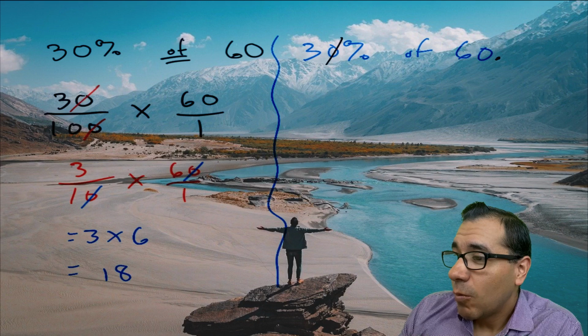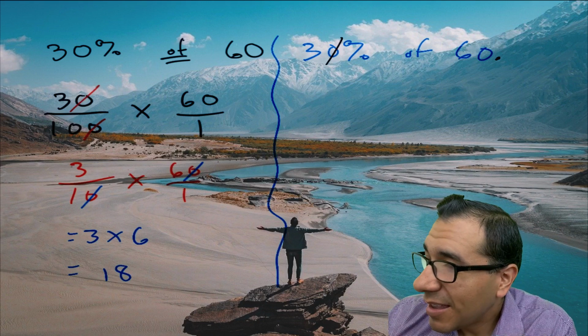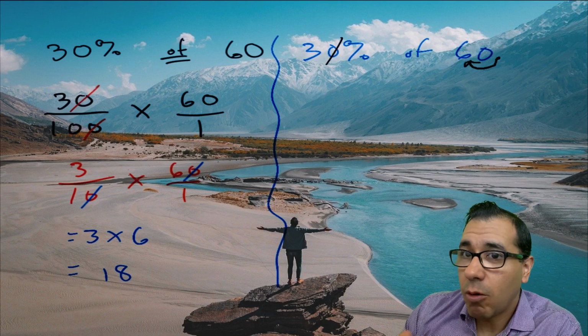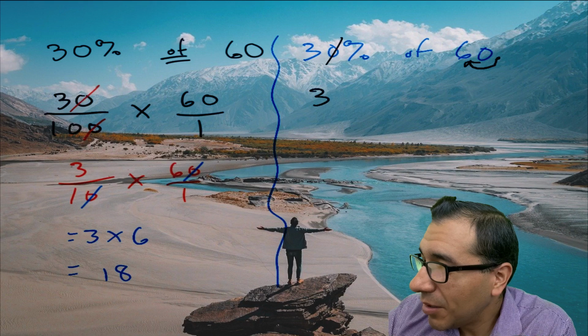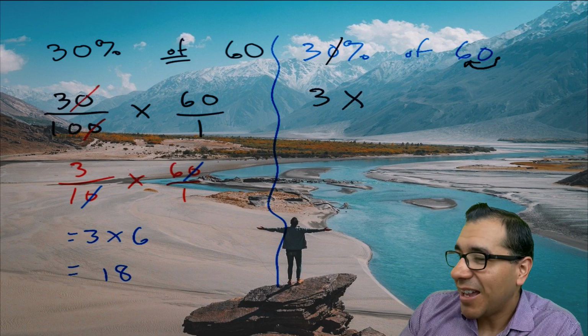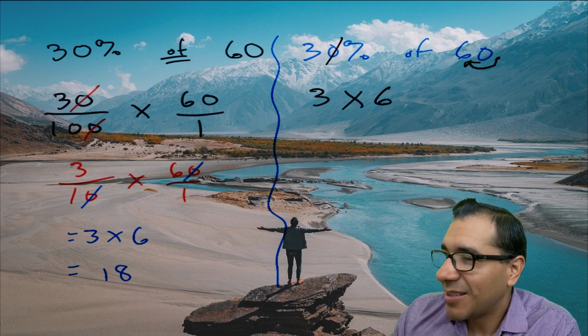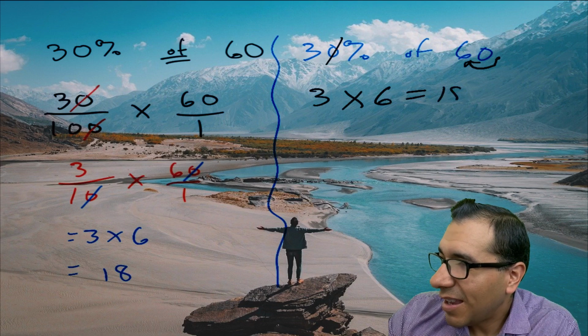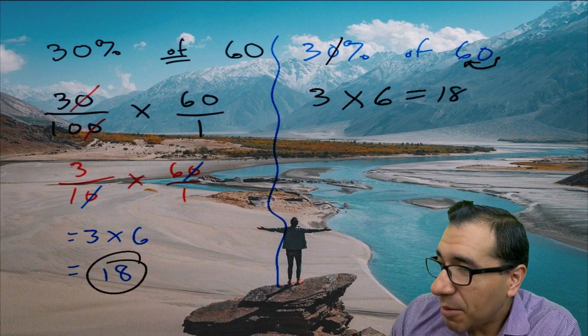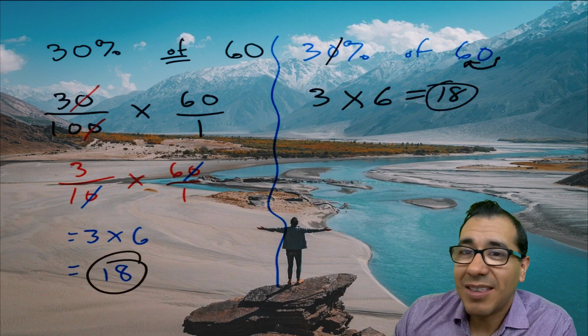That's going to move our decimal place one place to the left, always. So what this turns into is 3 times 6, and 3 times 6 is 18. So we get the same answer just using this trick.